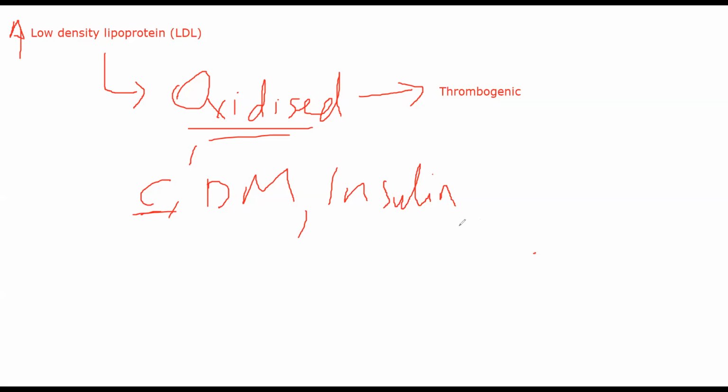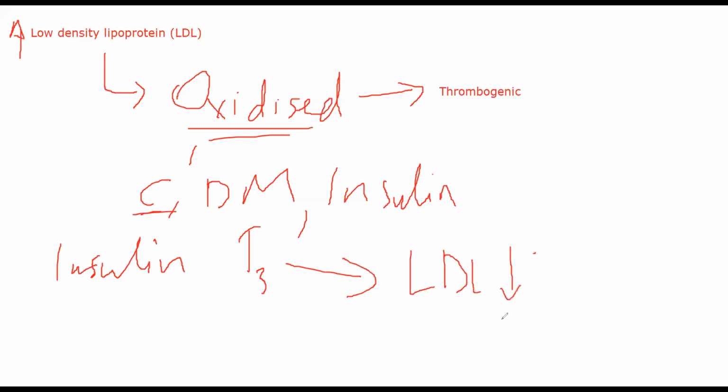Now, coming to some hormones that influence LDL levels: your insulin and T3. Both of them increase the binding of LDL to liver. In a way, whenever someone has high amounts of insulin and high amounts of T3, the amount of LDL will be in check.